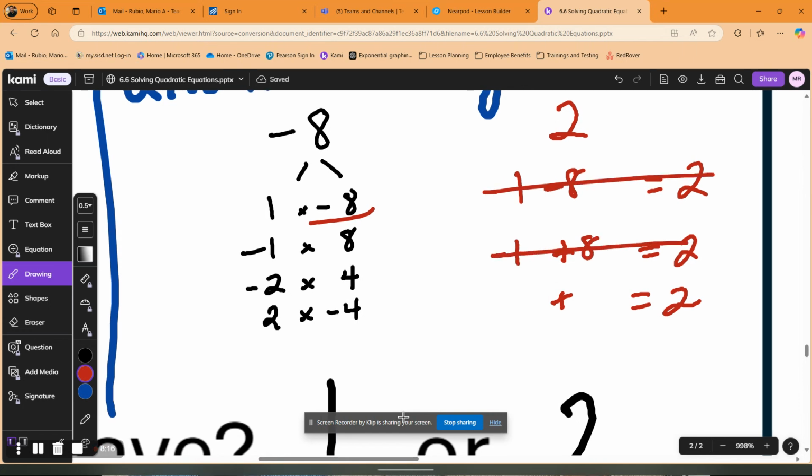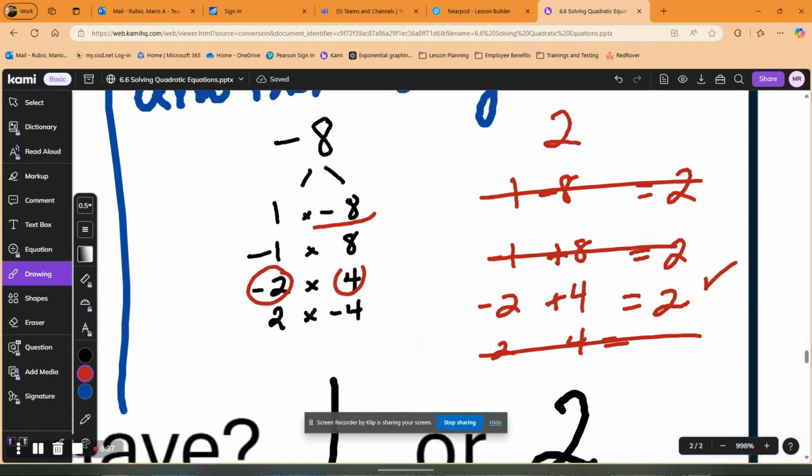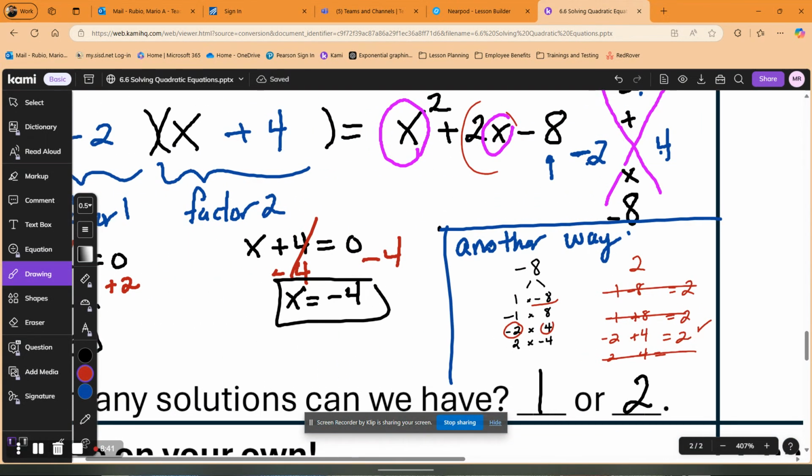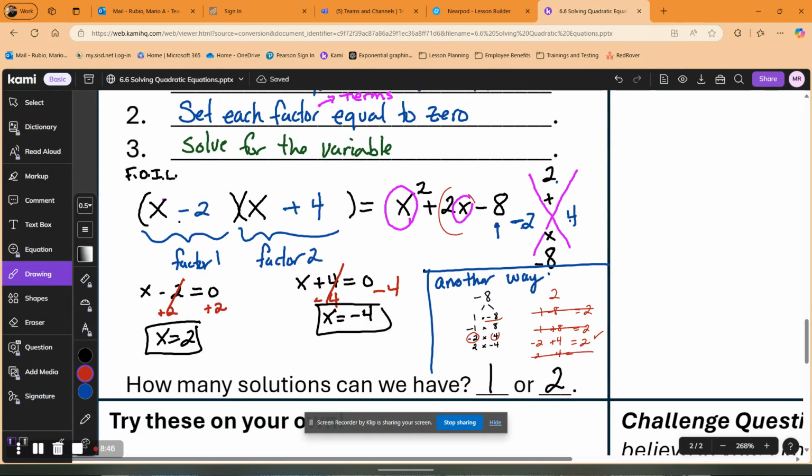No. Does negative 2 plus 4 give me 2? Yes. Does 2 minus 4 give me positive 2? No. Okay, so that's how I came up with these as the factors, negative 2 and 4. So that's another way you can look at how to find the factors that go into here. Okay, let me know if you have questions.